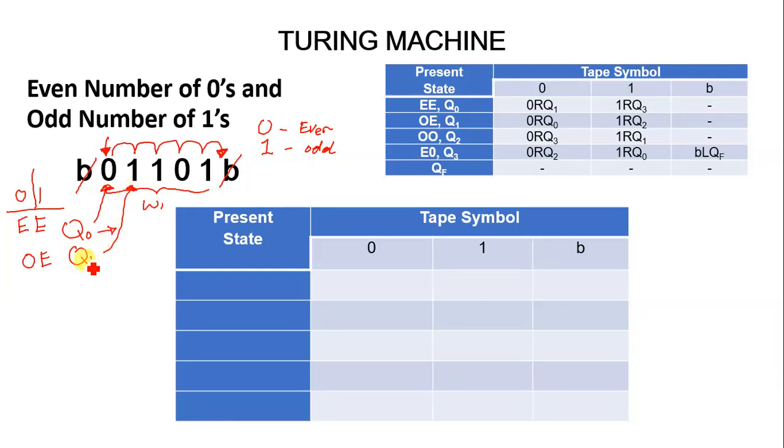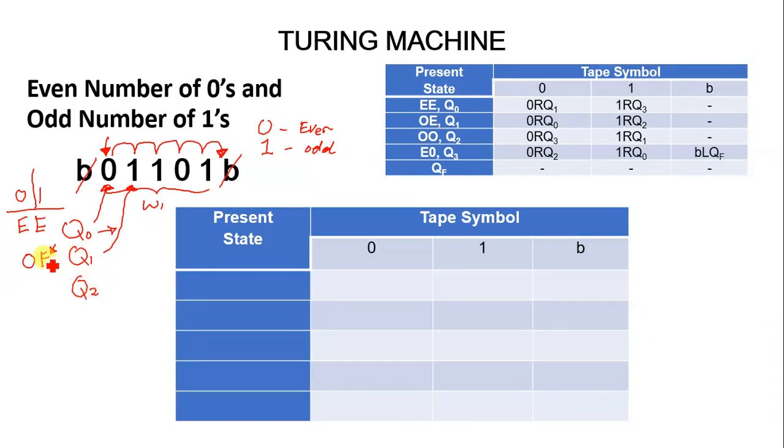The symbol 1 will affect the even number of 1s, because at Q1 the tape head reads symbol 1 and then will move to another state, Q2.